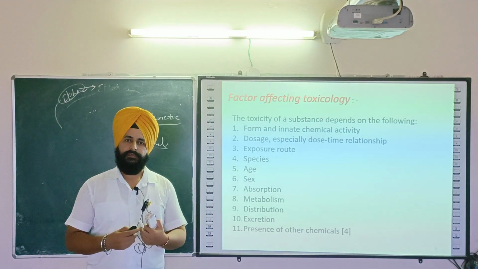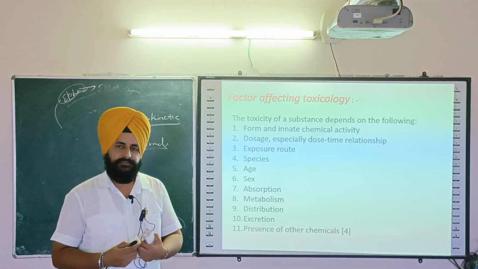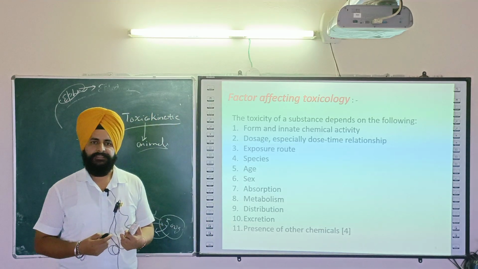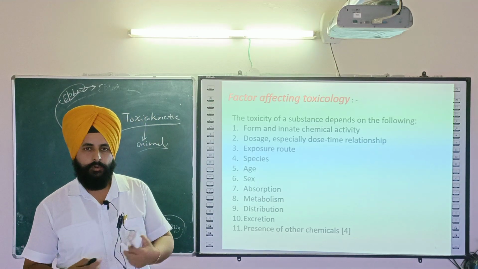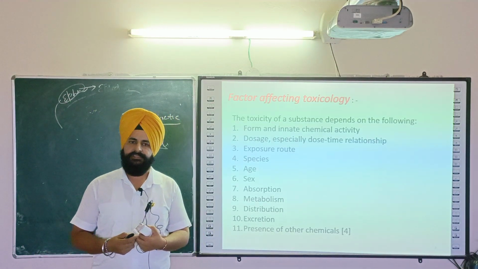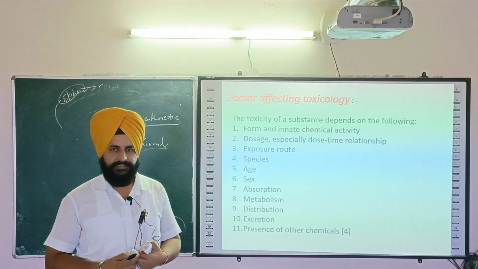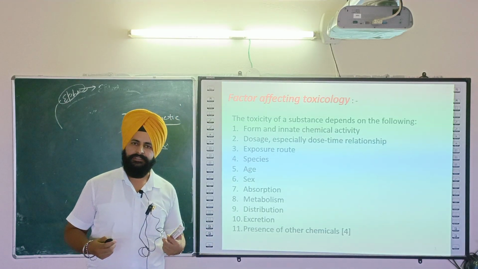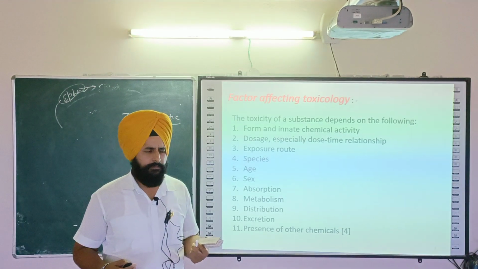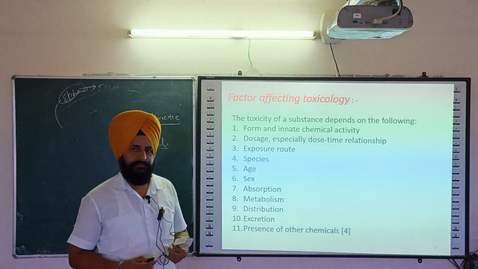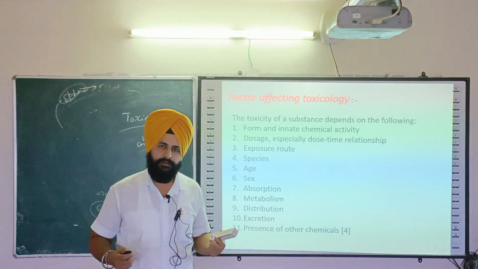Now distribution can be affected by a number of factors. It can be affected by protein binding, by the nature of the drug, and by comorbid conditions. Suppose the patient is suffering from kidney failure or liver failure, in that case the availability of albumin, globulin, and alpha-1 glycoprotein will be less, because mostly there are three types of drugs which are distributed: either acidic, neutral, or basic.